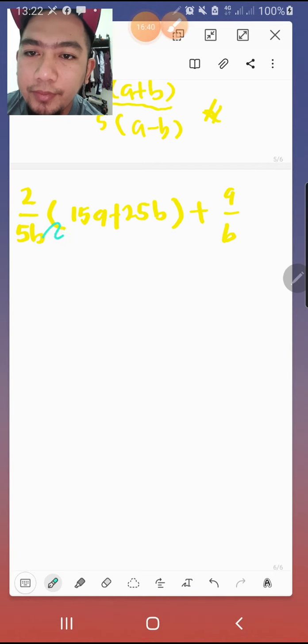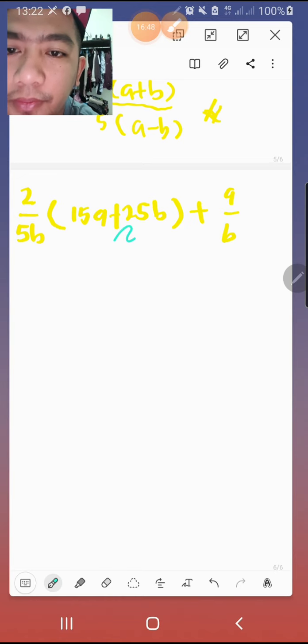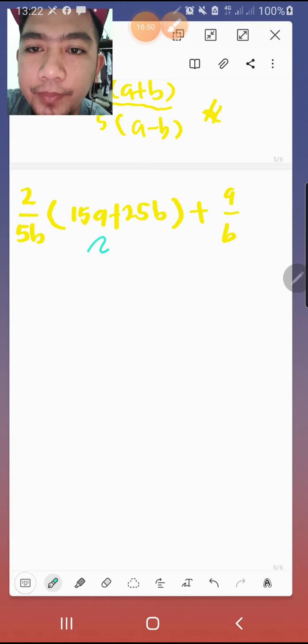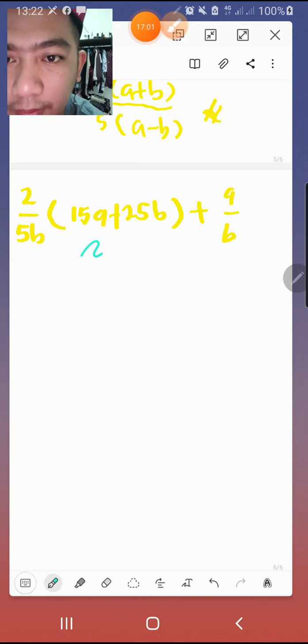2 over 5b multiply with 15a plus 25b, and plus a over b. So first of all, we need to factorize. No need to factorize, you simplify. So 5 here. Okay, yes, we need to factorize first. 2 over 5b.